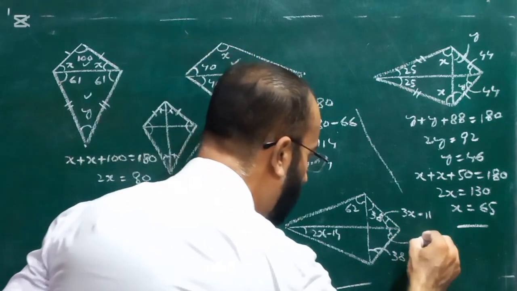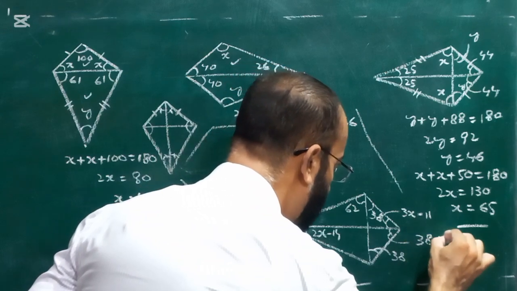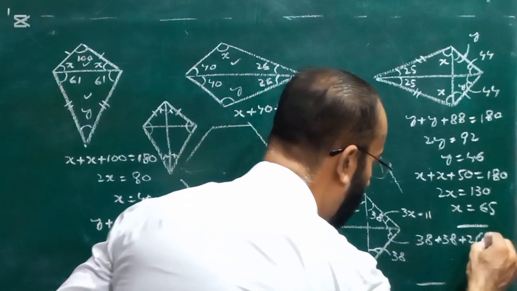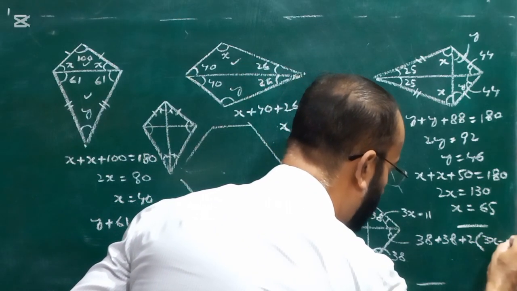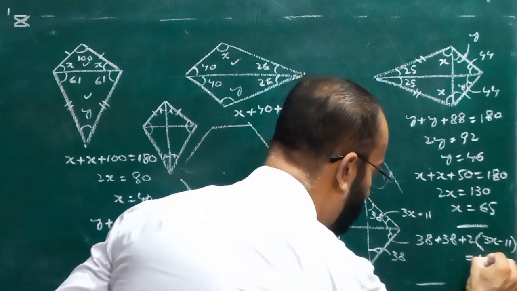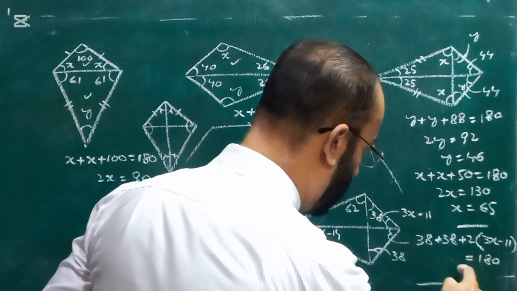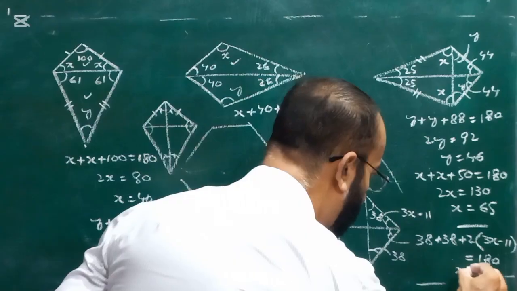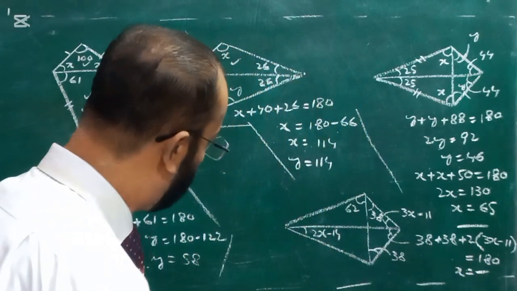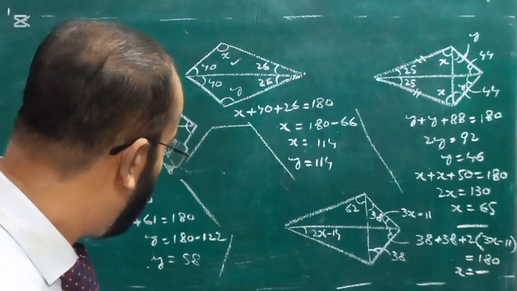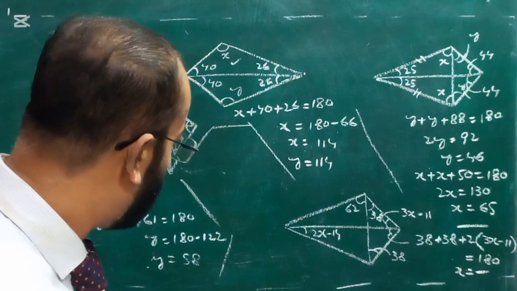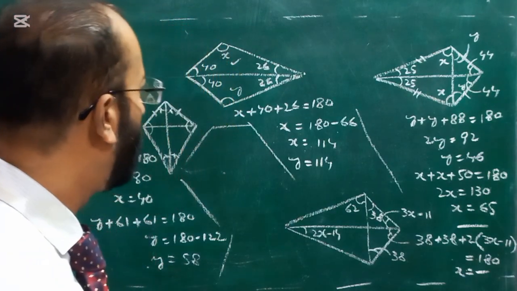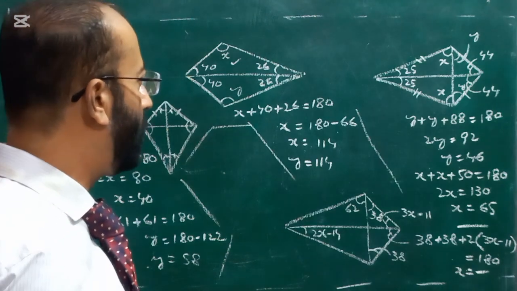So look now, 38 plus 38 plus 2 times 3x minus 11 should be equal to 180 degrees. Now it is an equation involving x. So solve the equation, you will get the answer of x. So only x was the requirement in this question. So this figure is also done. So these were the solutions of these questions.